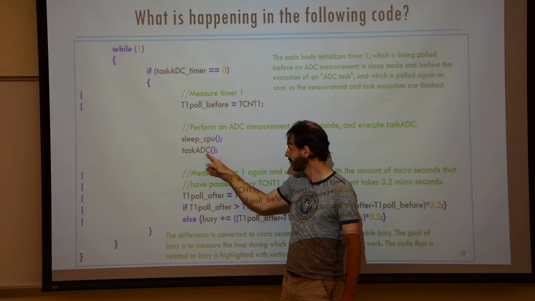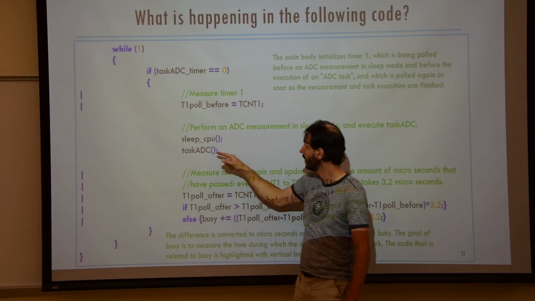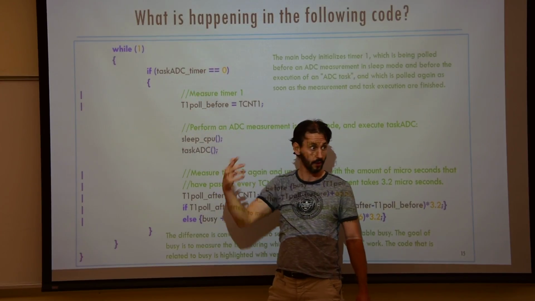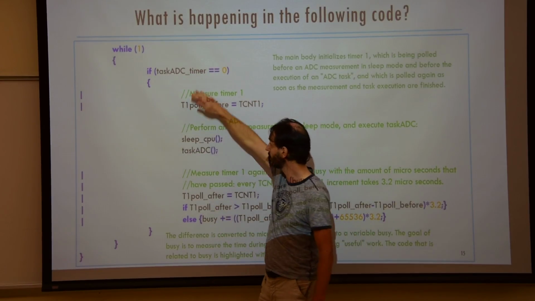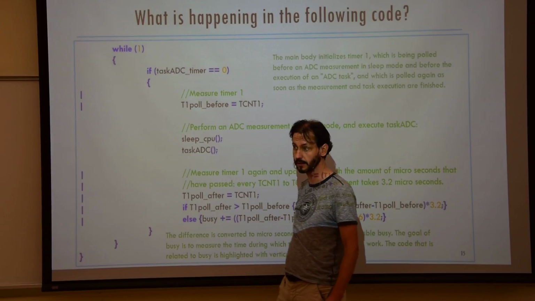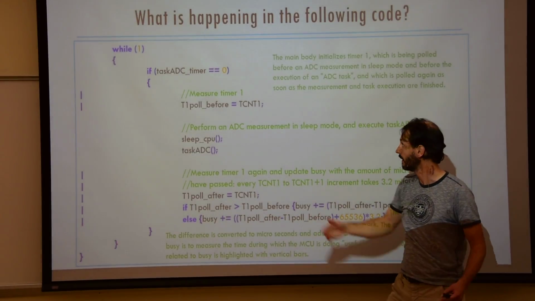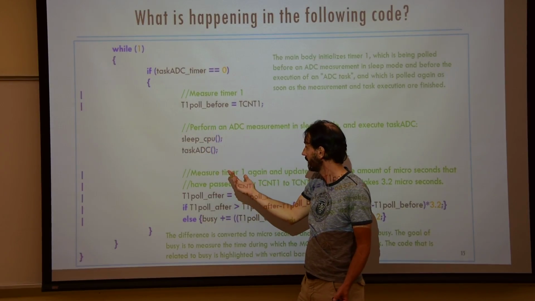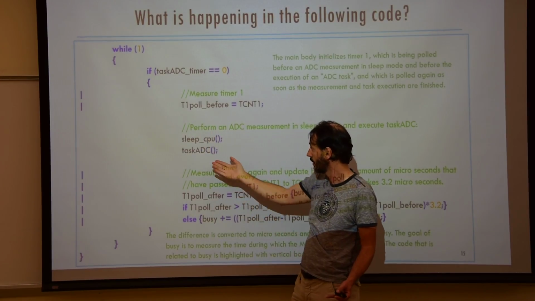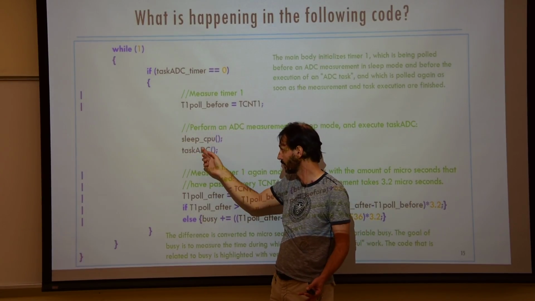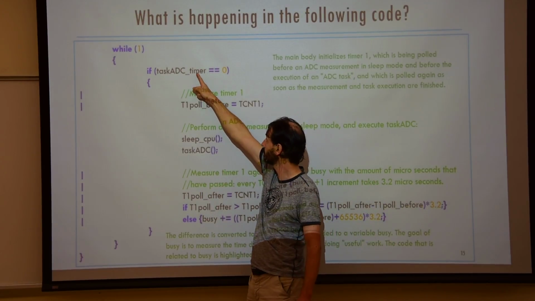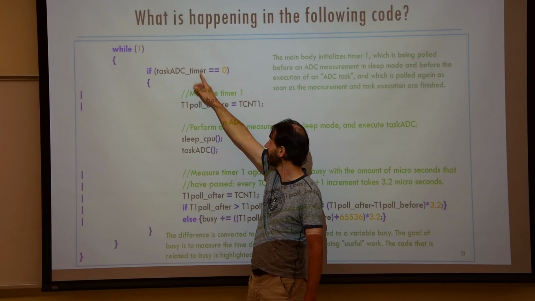But we also know that task ADC resets its task ADC timer to 400. And that means that this piece of code is only executed when it's set back to 0, meaning that for another 200 milliseconds, so this executes for say 2 milliseconds, it takes another 200 milliseconds to reduce this particular task counter back to 0.